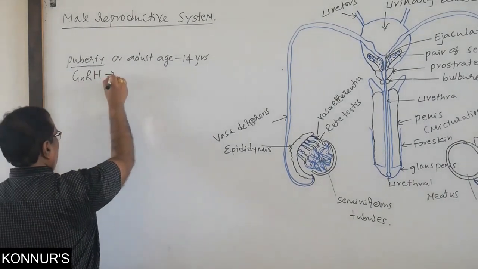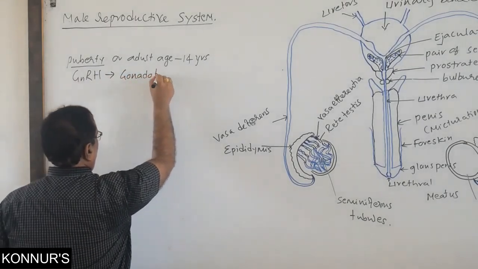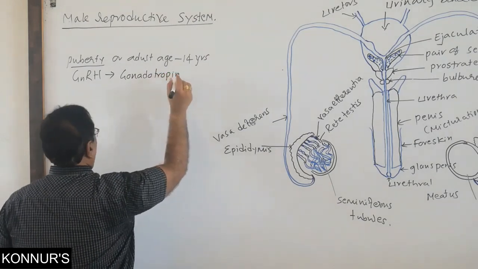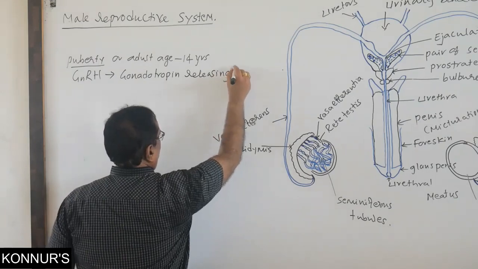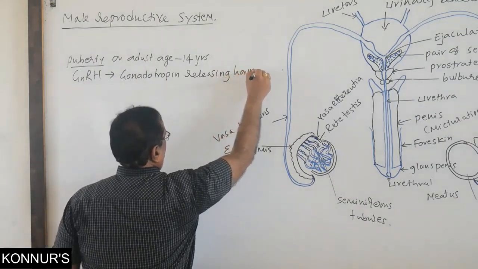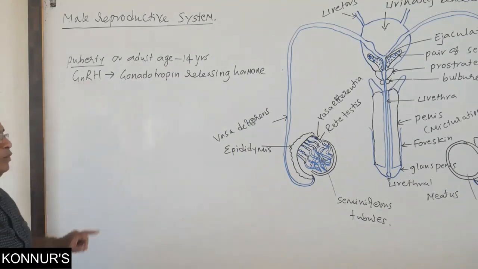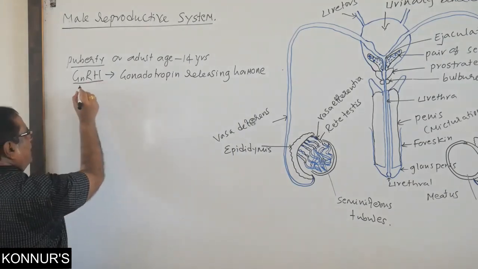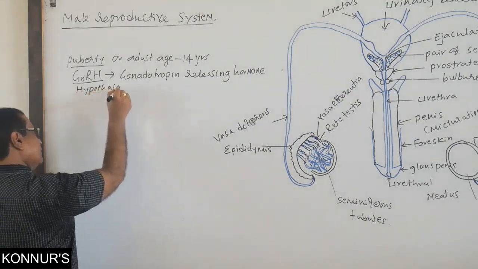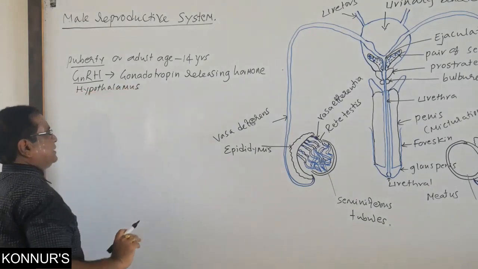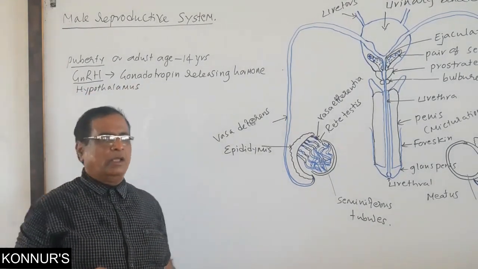That hormone is GnRH, gonadotropin releasing hormone. This hormone is produced by the hypothalamus.